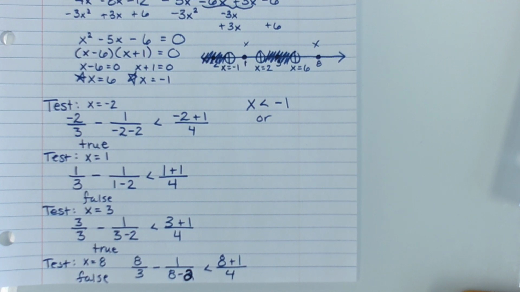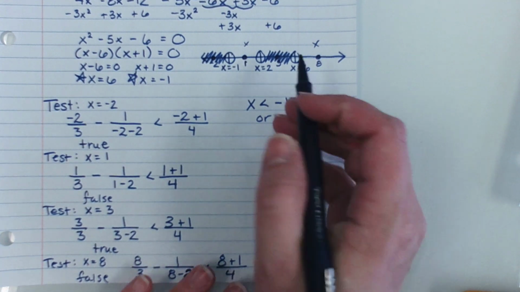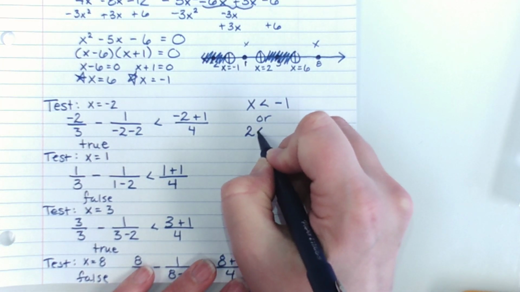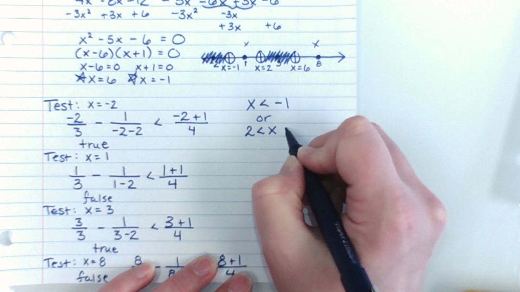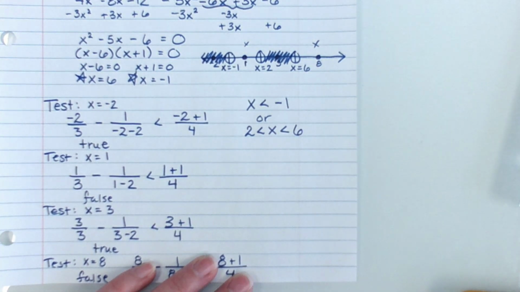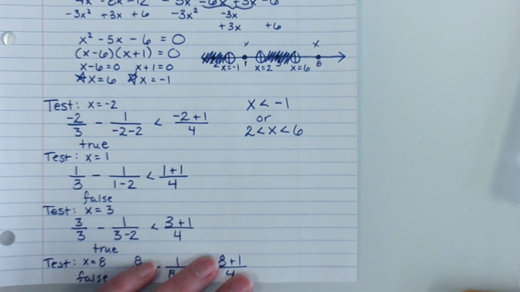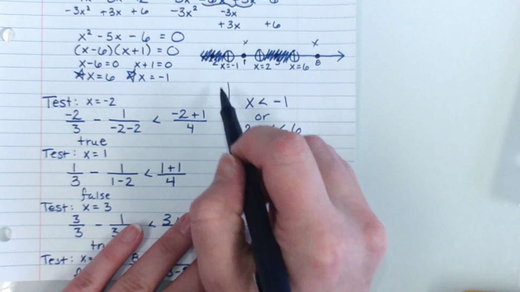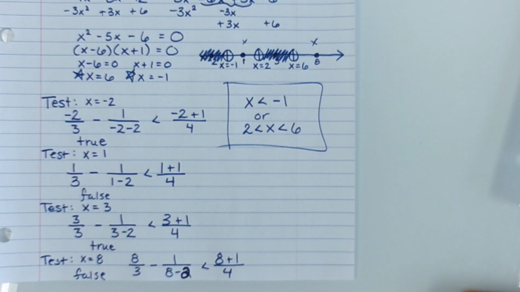No. Do they require a little more thinking sometimes? Yes. When you've got one that's in between two values, you start with the smaller of the two numbers, 2, and you say that that is less than x, which is less than the bigger of the two numbers, 6. That's our solution.